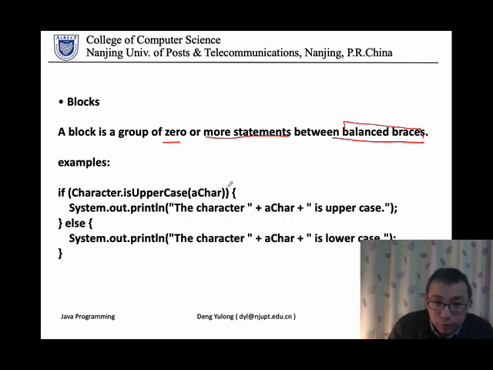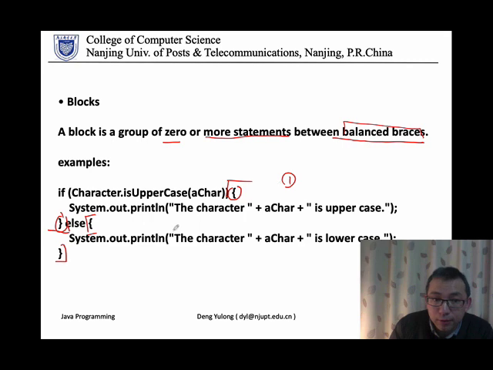With the left brace and the right brace, inside is a block. So it's the first block. And then the next block, with the left and the right brace, inside is another block. So we have two blocks.